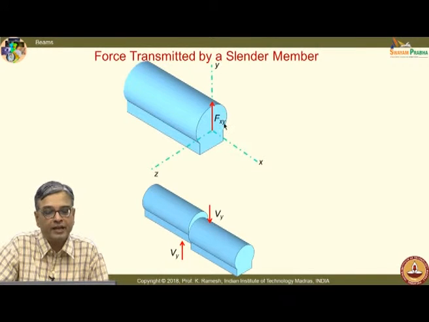This is denoted by two subscripts. First subscript denotes the plane on which it is acting. So, you can very well see that this surface is actually the x plane. Plane is indicated by the outward normal, and the force is in the direction of y. So, that is why it is put as Fxy.